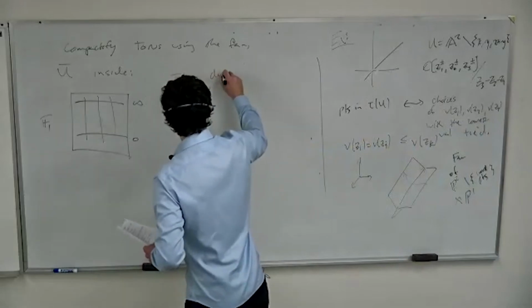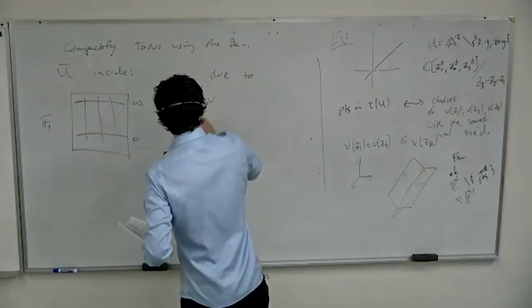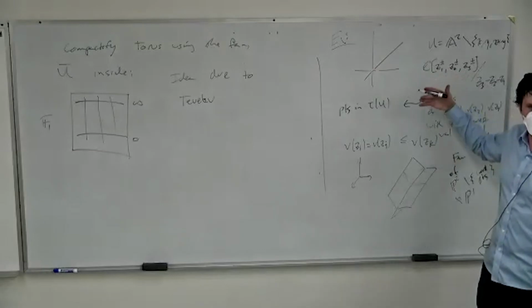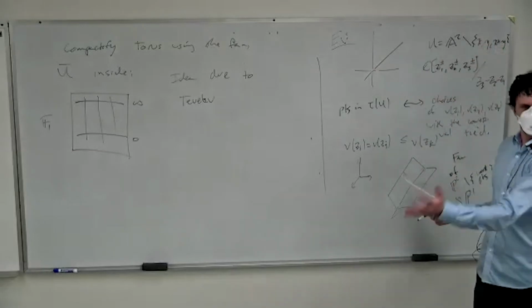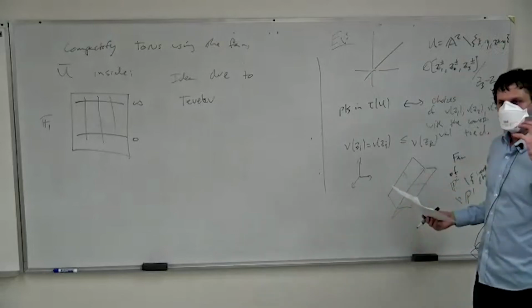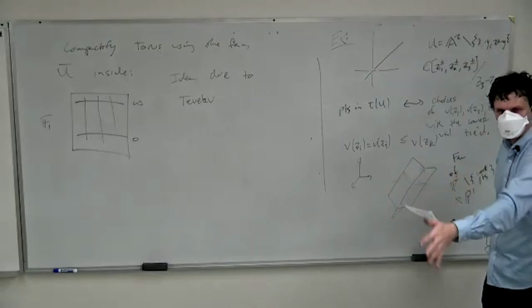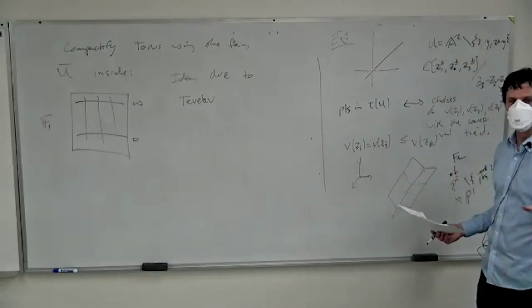The idea, due to Tevelev, is to compactify the variety this way: if you're inside a torus, the right way to compactify is to take the tropicalization of your variety, put a fan structure on it, and then partially compactify the toric variety that way. This compactifies your variety in a nice way.